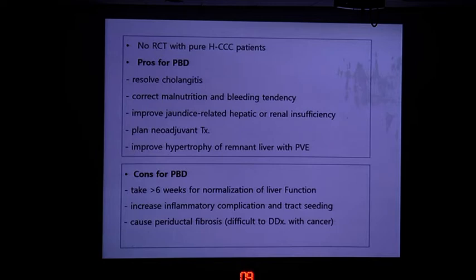It takes 2 weeks for normalization of liver function. And also PBD increases infectious complications, and the worst thing is tract seeding, and it also causes periductal fibrosis. So when we do operation, we cannot discriminate inflammation from the cancer.